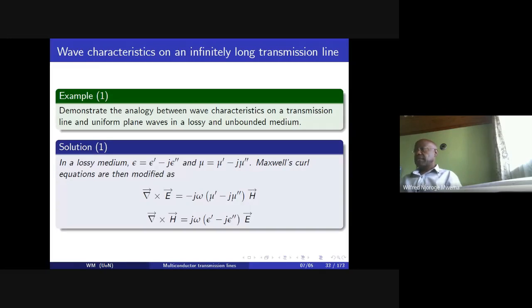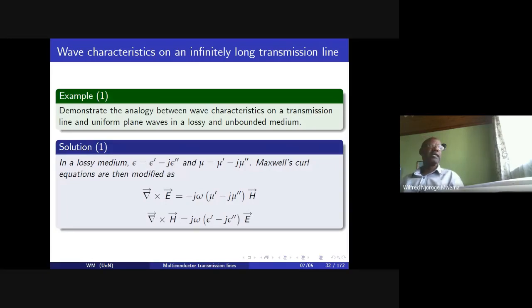And for the magnetic permeability, we also can have a real permeability mu prime minus the loss-accounting imaginary part, which is mu double prime there. So Maxwell's curl equations, that is Faraday's induction law and Ampere's circuit law, will then be modified as shown below.